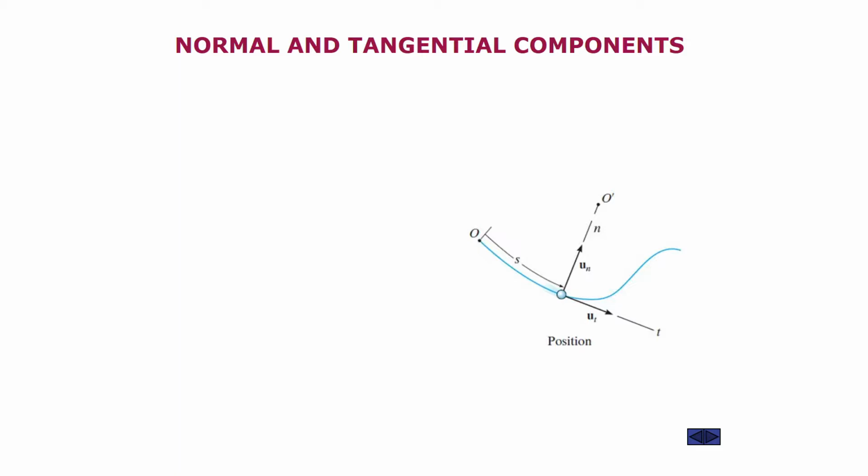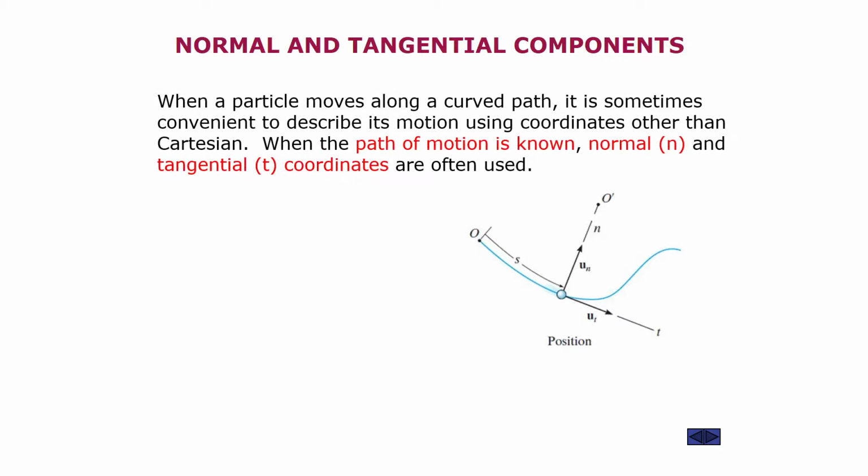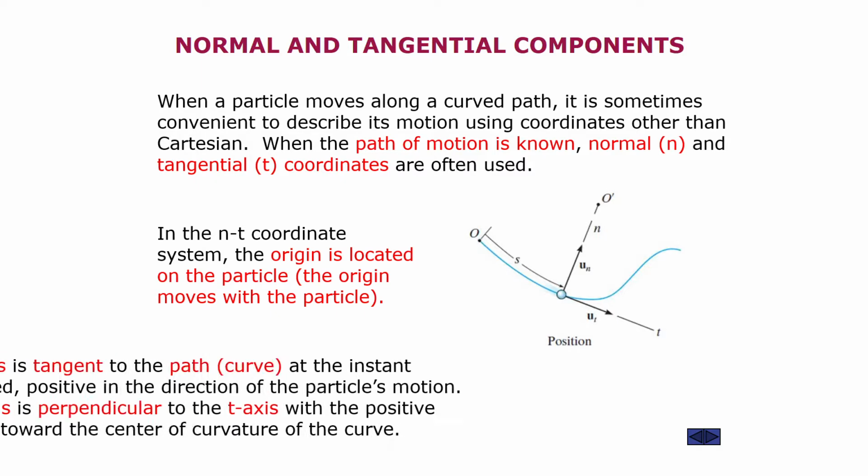So in this section, the tangential refers to t and the normal component refers to n. So that is the n and t coordinates. In the n and t coordinate system, remember, the origin is located on the particle itself, and the origin will move with the movement of the particle.